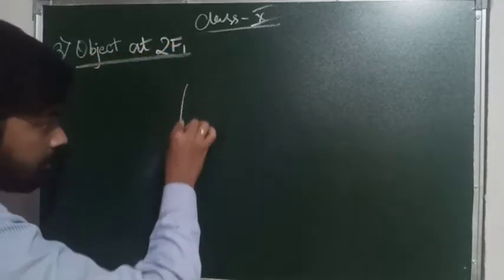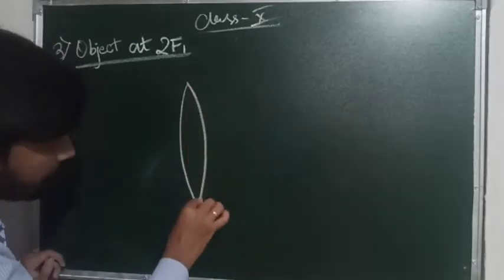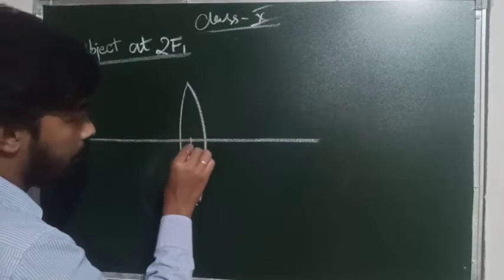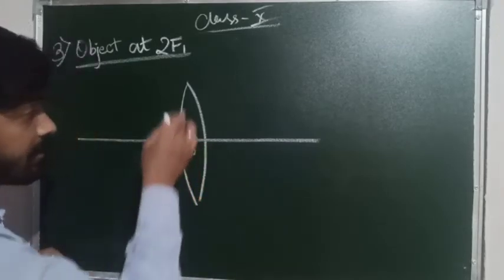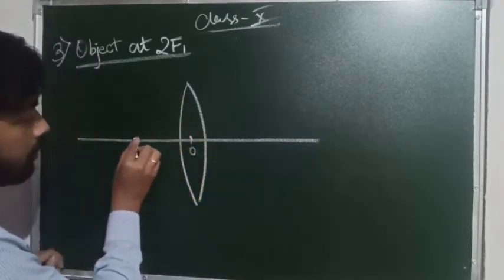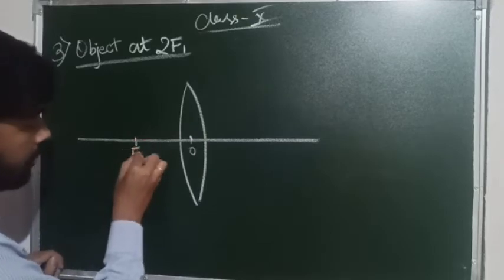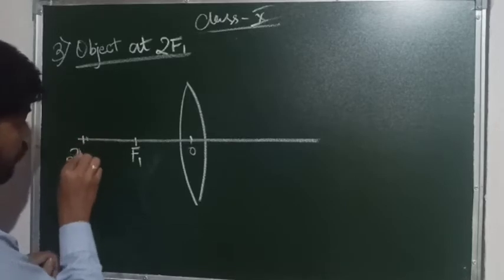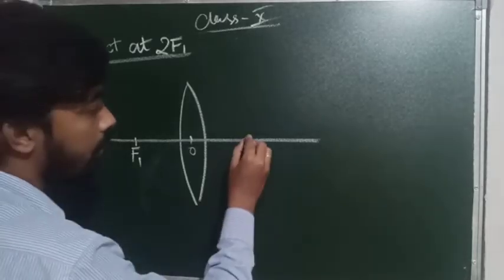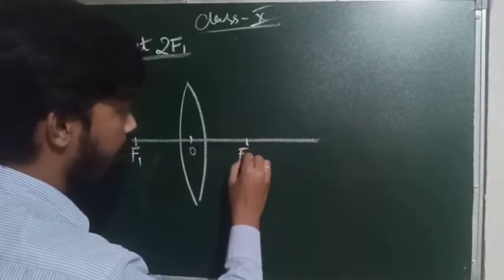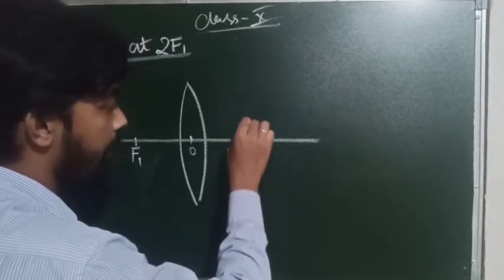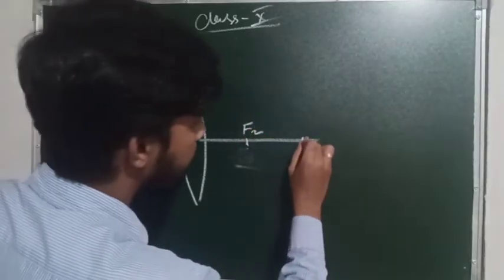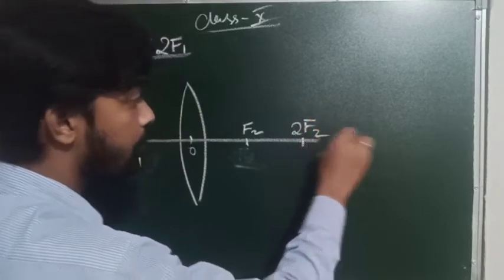So this is our lens here, and this is our principal axis, our optical center O, then here f1, here I am taking 2f1, here our f2, and here should be our 2f2.